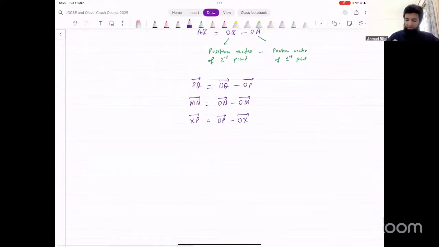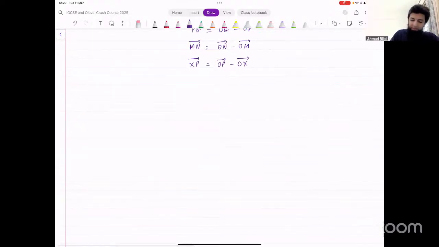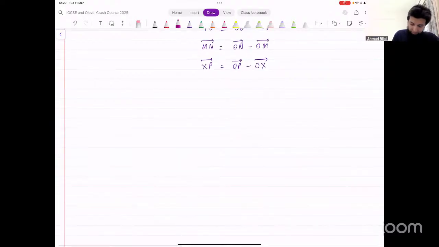Now, let's take an example on this. Let's say we are given that there is a point A, and it has coordinates -7 and 3.